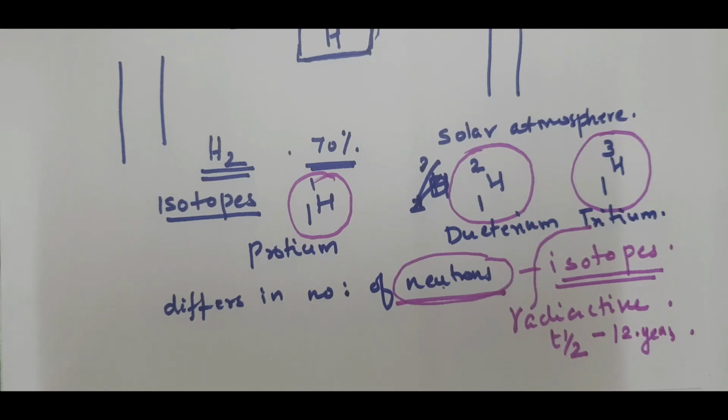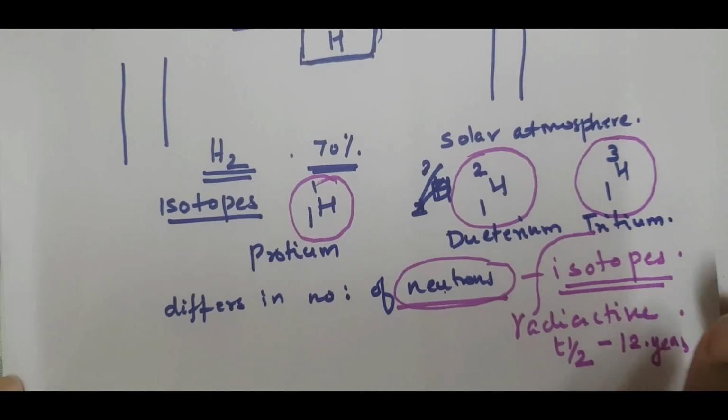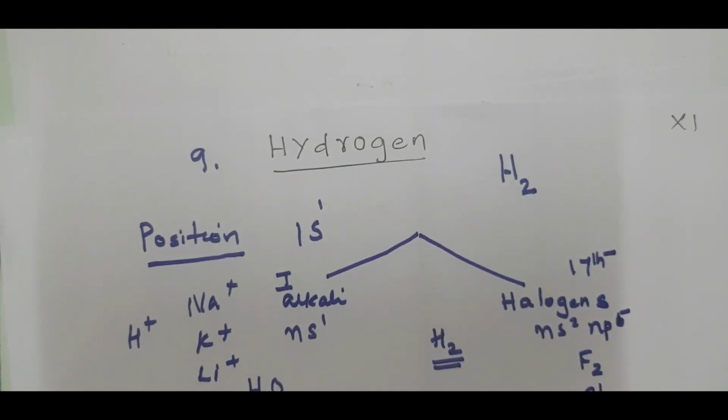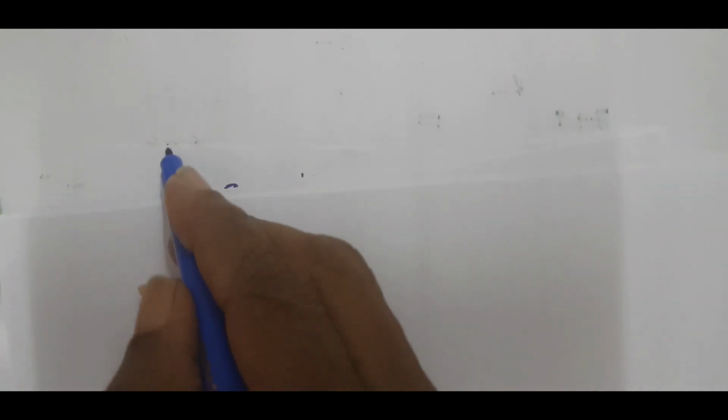Now we will move on to the preparation of hydrogen. How can hydrogen be prepared? Hydrogen can be prepared by so many methods. First we will talk about the lab preparation of hydrogen.